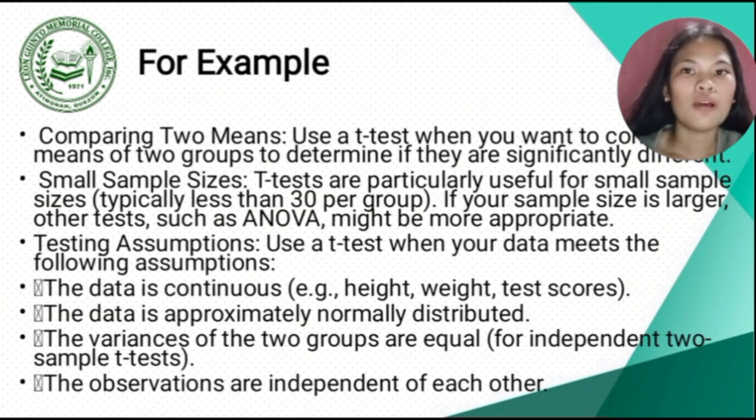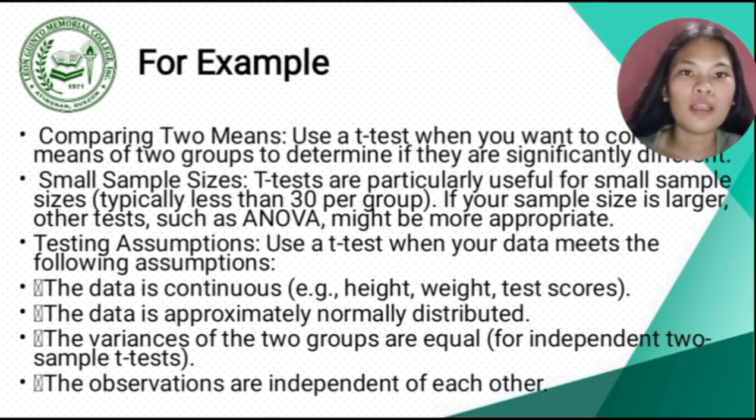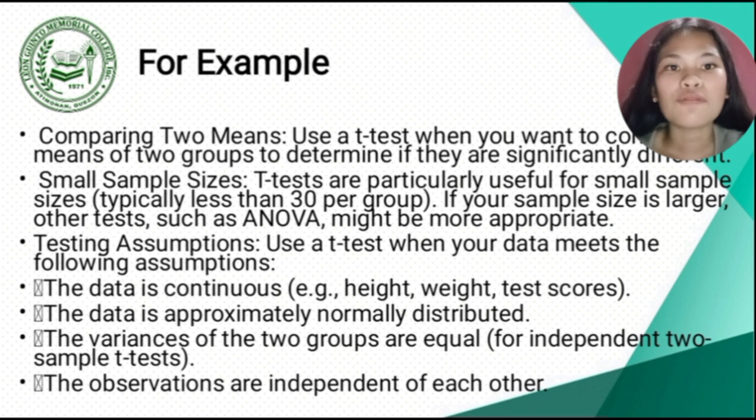For example, you are comparing two means. Use a t-test when you want to compare the means of two groups to determine if they are significantly different. This applies to both independent samples, for example, two groups of different people, and paired samples, for example, the same group of people tested before and after an intervention.